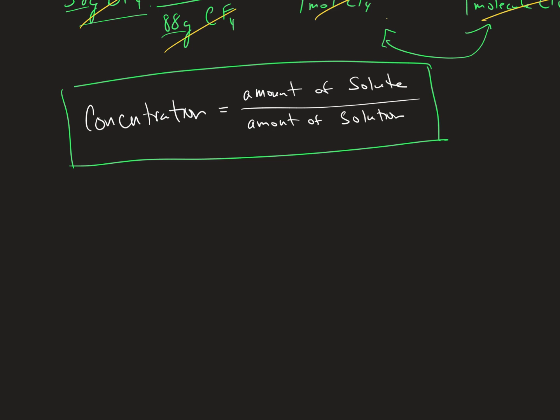All right, so let's talk about the main type of concentration that we use in chemistry. Is called molarity. And molarity, it's still the amount of solute, but we say it's the number of moles of solute over the liters of solution.